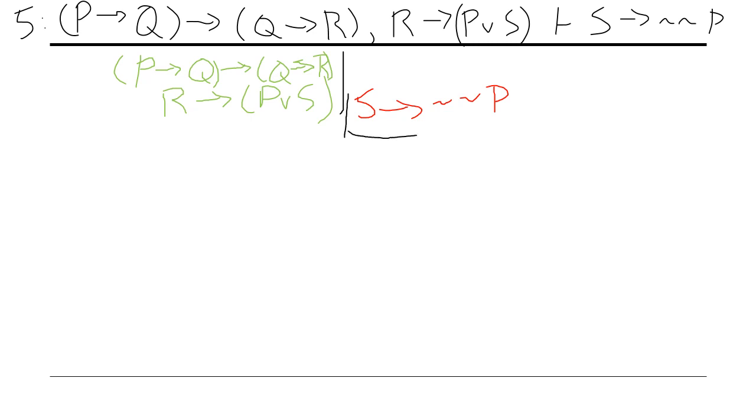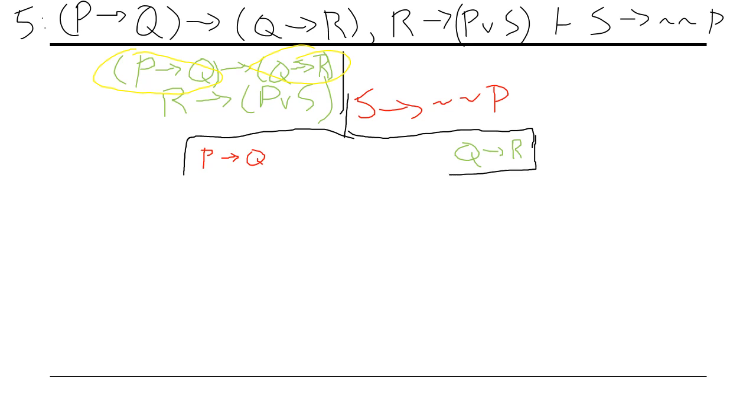It's a conditional as the main operator. So I'm going to branch this thing out. What makes a conditional true? Well, it's if the left side is false or the right side is true. So put the P arrow, so P arrow Q, Q arrow R. Now we got to break those ones down.